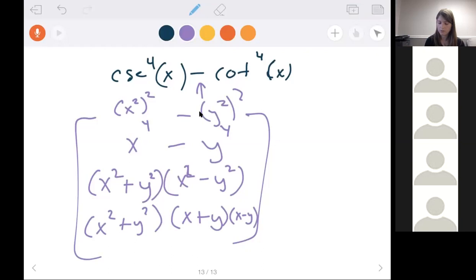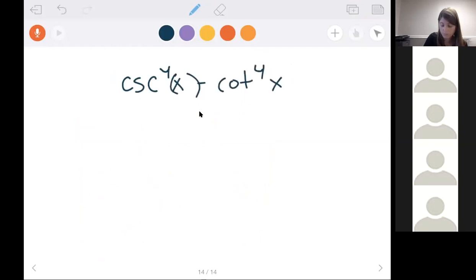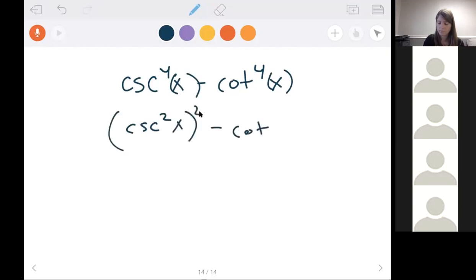So let's go back to cosecant to the 4th minus cotangent to the 4th. Think about what we did and write it as cosecant squared squared. If this seems like extra work, you could jump straight to the next step. But you're going to do a difference of squares where this is really your x and your y.